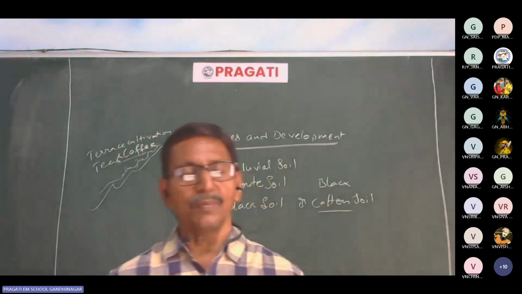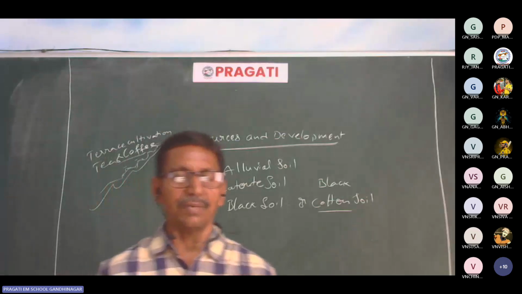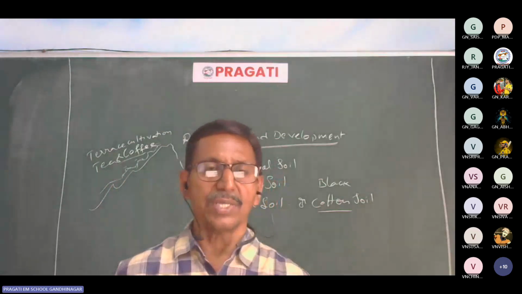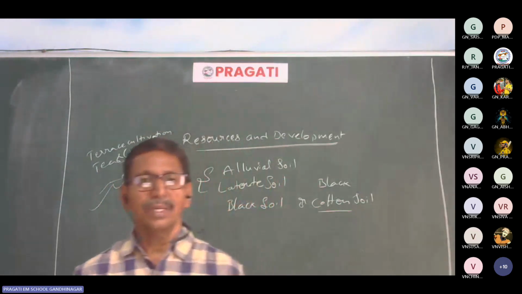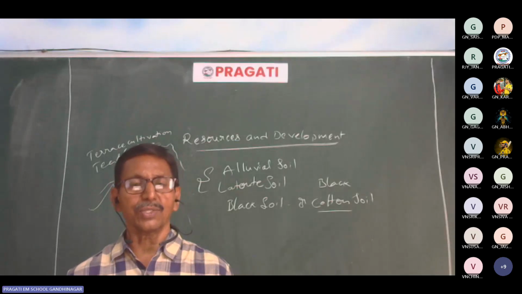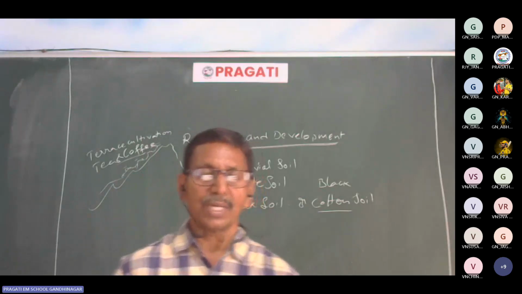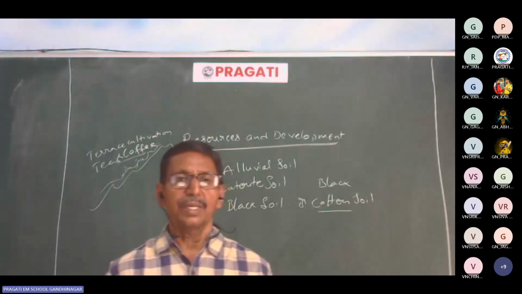Otherwise, because of human interference like overgrazing, mining activities and deforestation, soils are disturbed. They are eroded over years, so they may not be useful for cultivation if they are degraded.